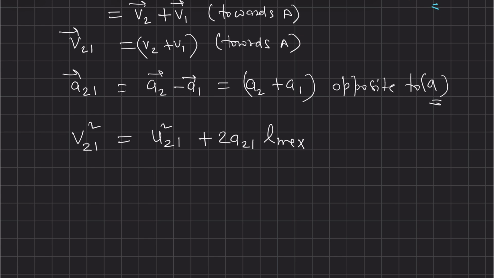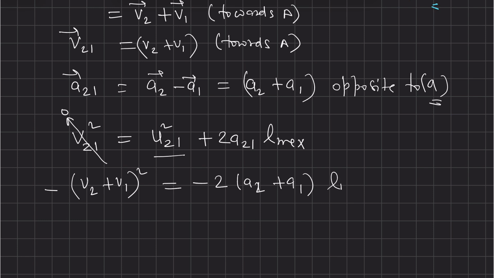Simply I am writing like this. v21 square should be 0, because when it reaches point 1 the velocity will be 0. u21 is nothing but v2 plus v1. So we can write v2 plus v1 whole square, and retardation is happening, so minus 2 a1 or a2, if you want to write a2 plus a1, L max.